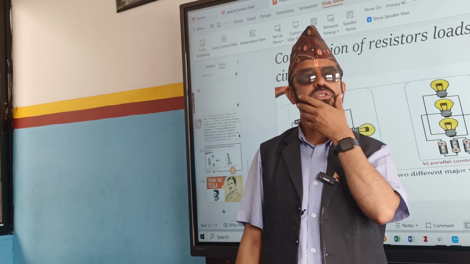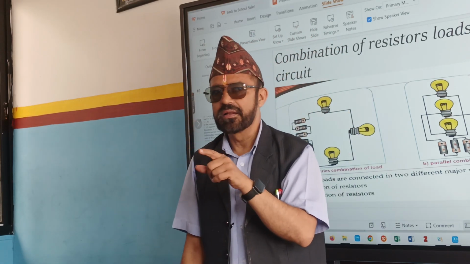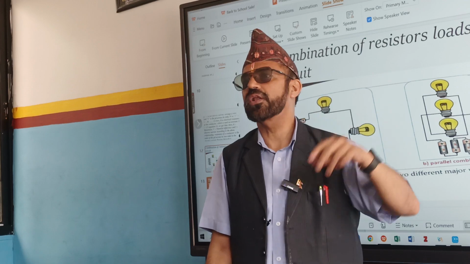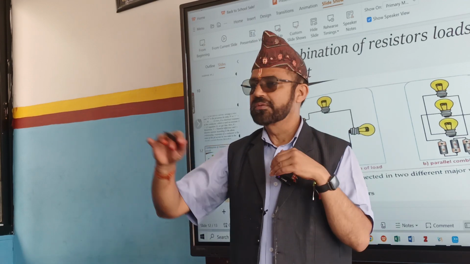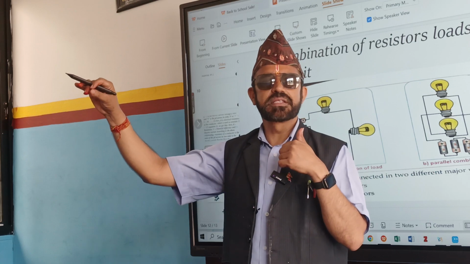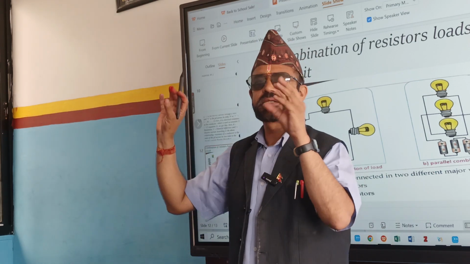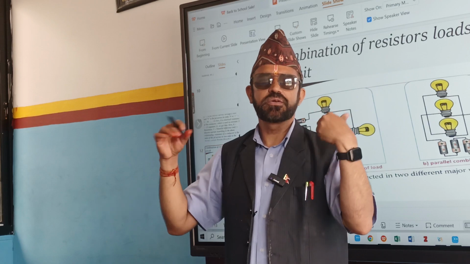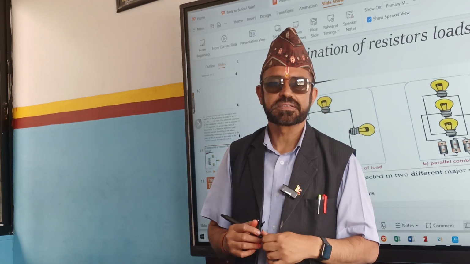Many switches means what type of connection is that? Parallel. Only one switch, all work together means series connection. During festivals, that string light is available, right? So many are there. Just connect one. You take one out, all go. So that is series connection. These all are parallel connections.